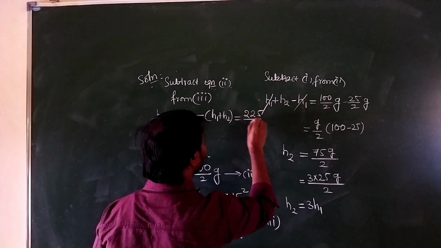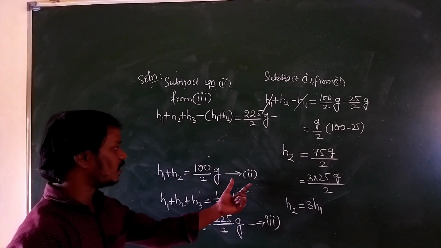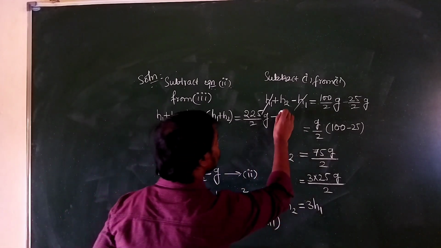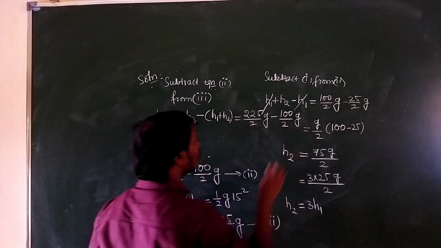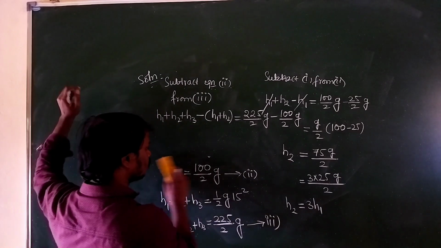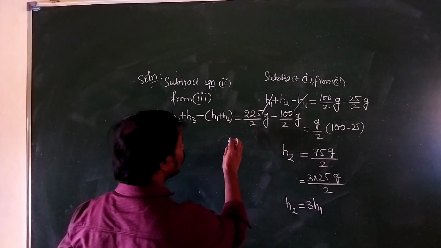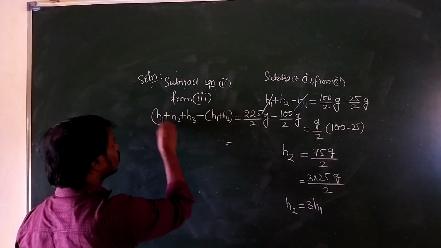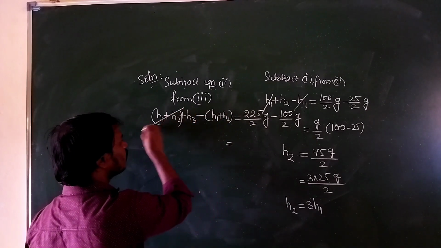minus the right hand side of equation 2, that is 100 by 2 into g. Now this can be written as, so here what is common? g by 2 is common. Then h1 plus h2 minus h1 minus h2 gets cancelled.